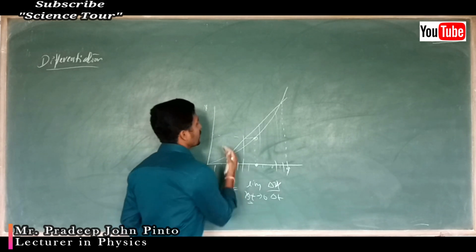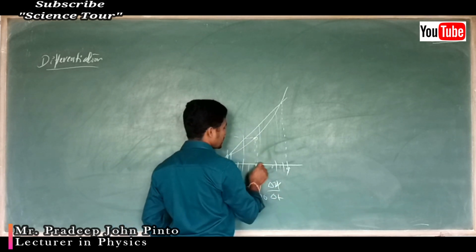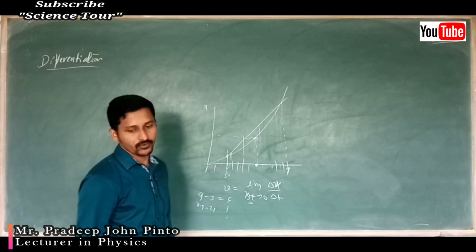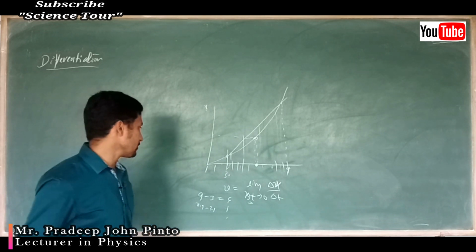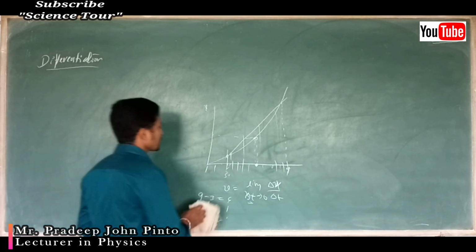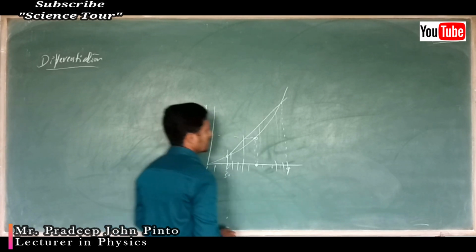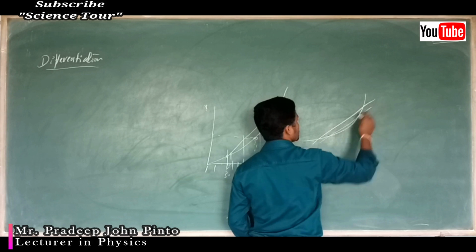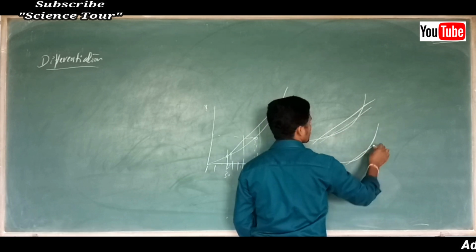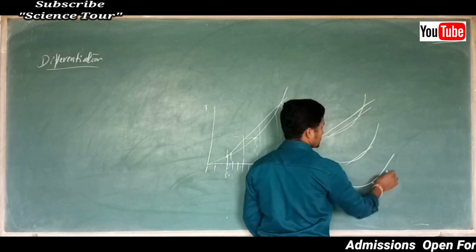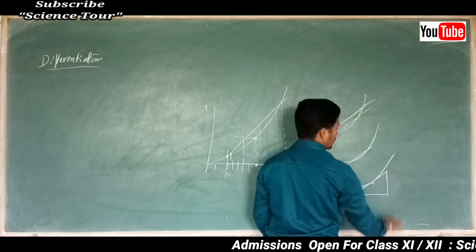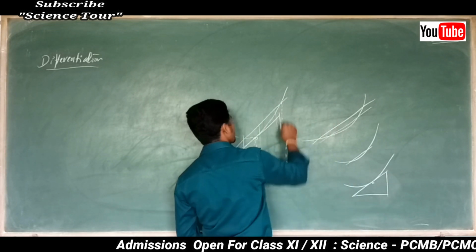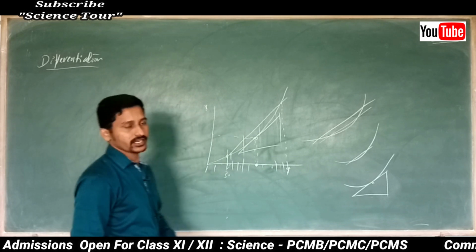Means you have divided, and finally you are reaching here, so the whole process is done. The interval keeps reducing in this way and finally it comes to this point. There you have to draw the slope and find the instantaneous velocity.